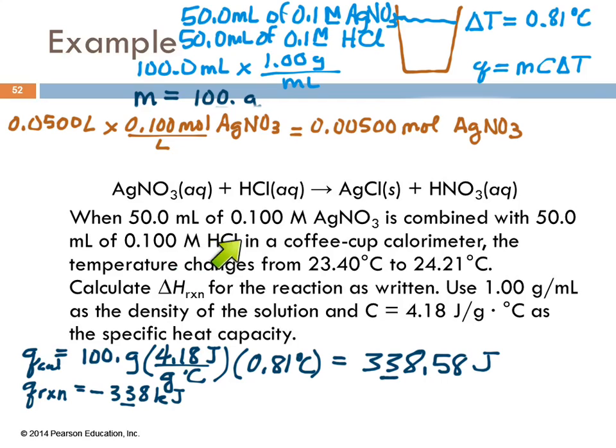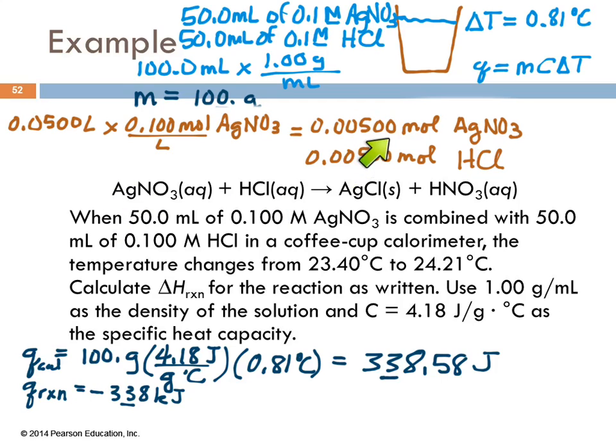How many moles of HCl? We don't actually need to calculate it, do we? It's the same volume and the same concentration. It's going to end up being the same number of moles. We need 1 mole of this for every 1 mole of that.